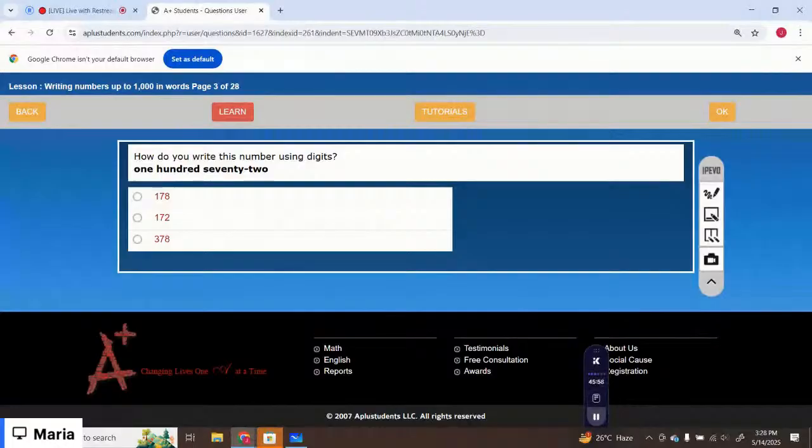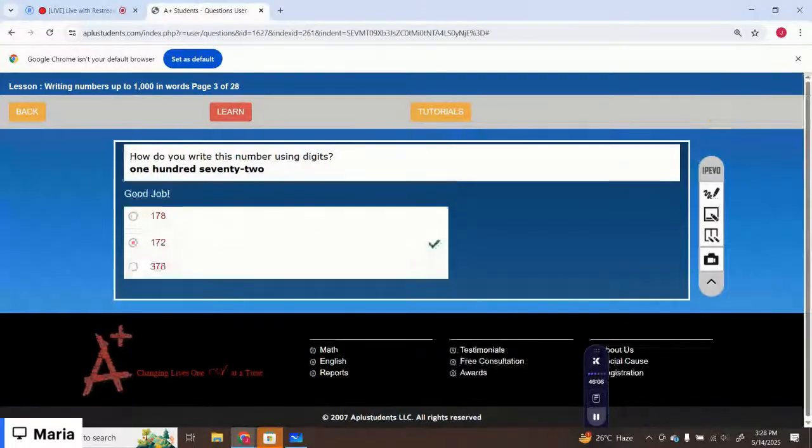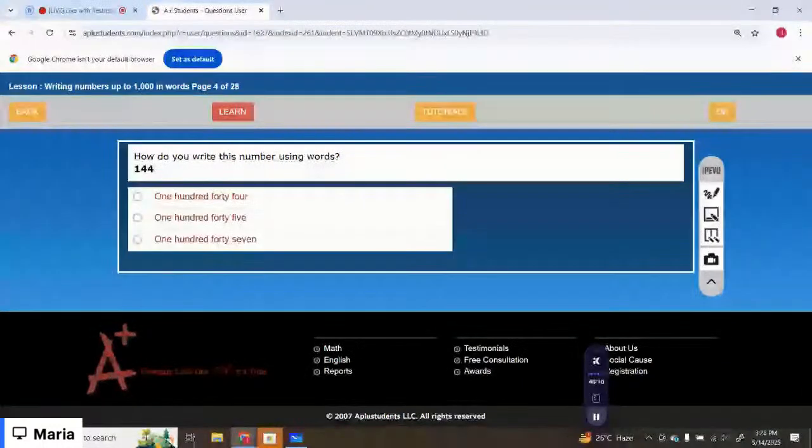One hundred seventy-two, very good. That is option number 2. Basically, that's how we read it. We cannot read it as 1, 7, and 170.